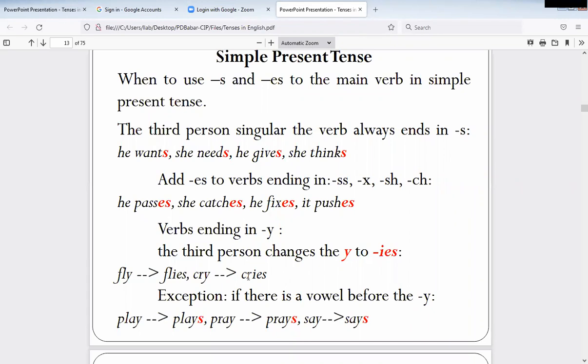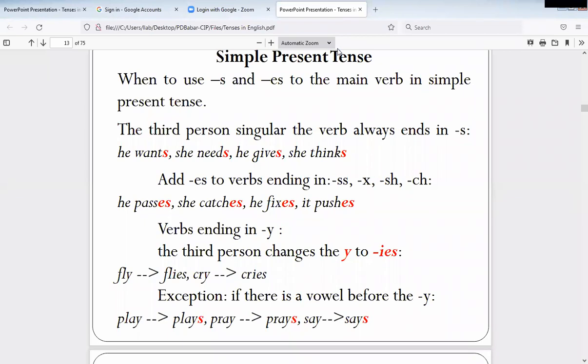So if there is pass as a verb, it will become passes. Then if there is catch as a verb, it is ending with ch, and we will have to add es as a suffix. Then fix, it is ending with x, so we will have to add es, and it will become fixes. And if there is sh at the end of the verb, it will become pushes.